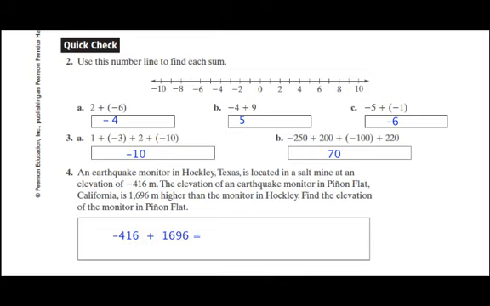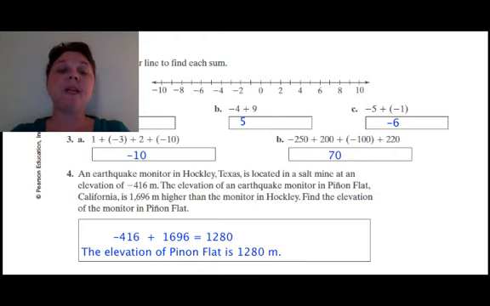Because they are different signs, we're actually going to end up subtracting. So when you subtract, you end up with 1,280 meters. So the elevation in Pinyon Flat is 1,280 meters.